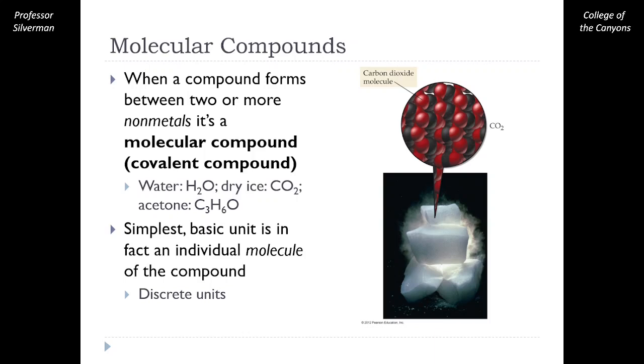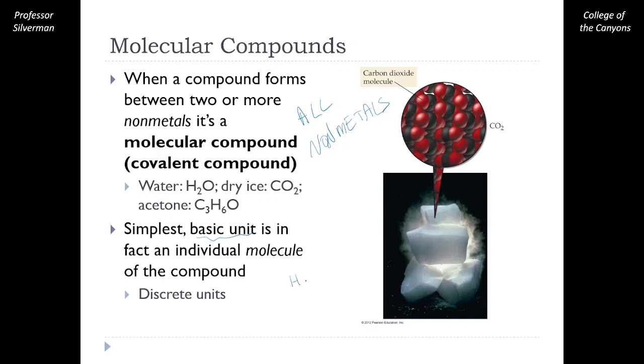Molecular compounds form when we have all non-metals. And our molecules are formed using what we call covalent bonds, which we'll learn much more about in the coming weeks. A distinguishing characteristic of our molecular compounds is that we do have simple basic units of individual molecules.